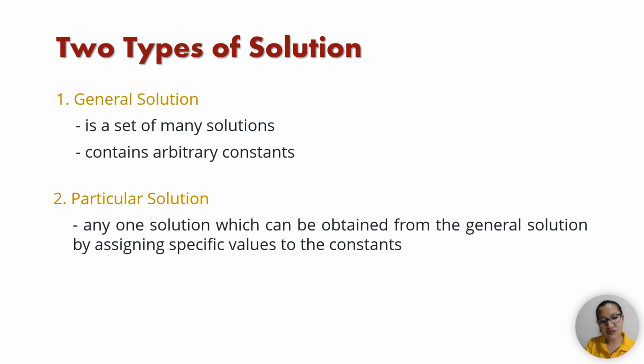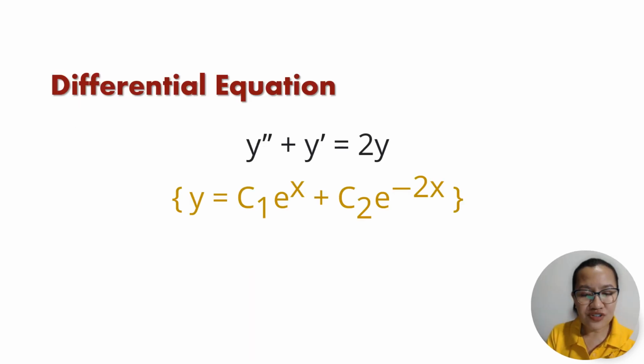Because we have already assigned specific values to the constants, for a particular solution, you cannot find any more arbitrary constants. So for example, for the given differential equation y double prime plus y prime equals 2y, the solution is the relation y equals c sub 1 e to the power of x plus c sub 2 e to the power of negative 2x. And how do we know that it is indeed a solution to the differential equation?